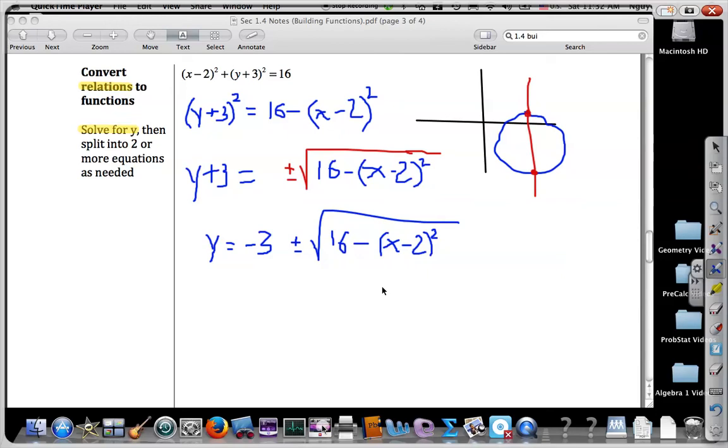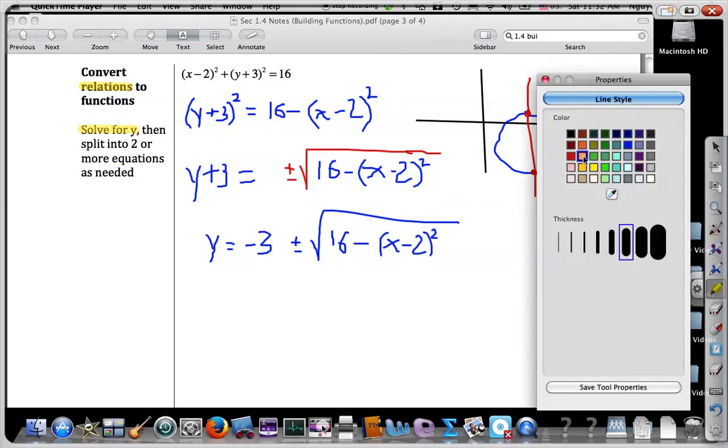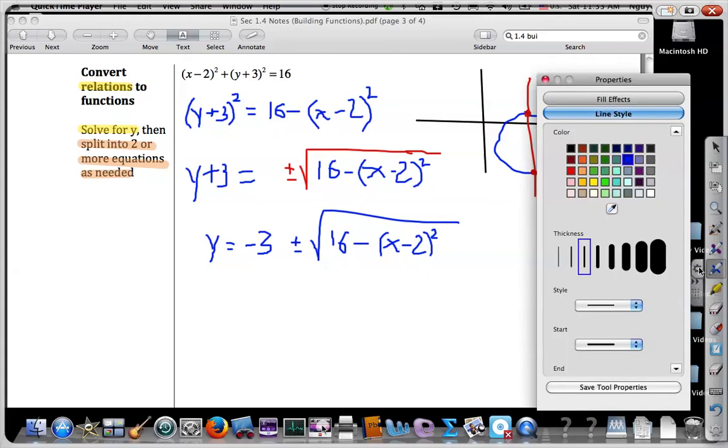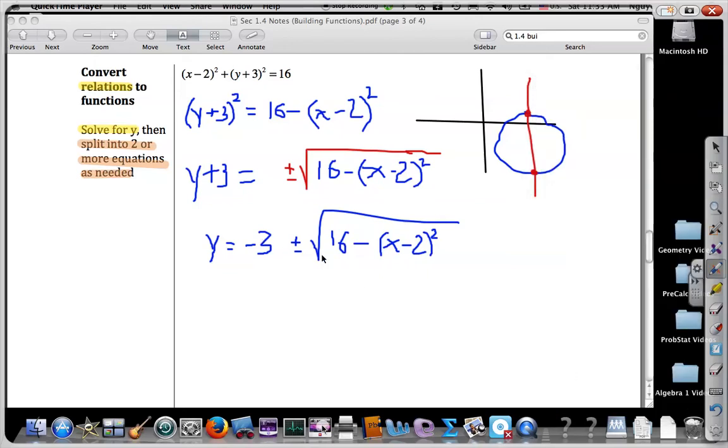So we have to split this. Just following the example that we have here, what we need to do is to split what we have into two or more equations as needed. And this time we definitely need it, so we have to do it. I can just rewrite this as two separate equations.